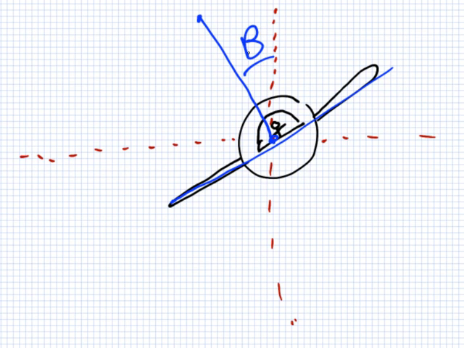I'll give you a little hint. How many forces are on this picture? How many types of forces? 2 forces. What 2?